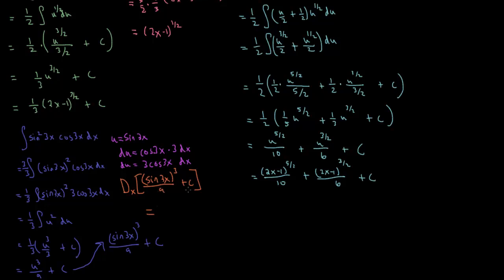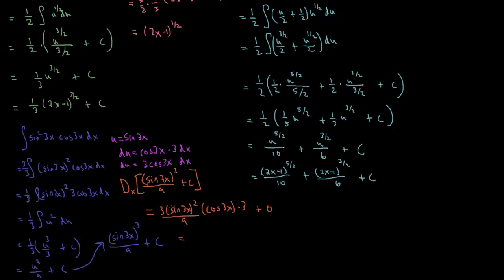So the chain rule says bring the original exponent out front, so we have 3 times sine 3x, reduce the exponent by 1, so it's squared, now we do have a 9 still in the bottom, times the derivative of the inside function, which is cosine 3x times 3, that's the derivative of sine 3x, plus the derivative of c, which is 0.